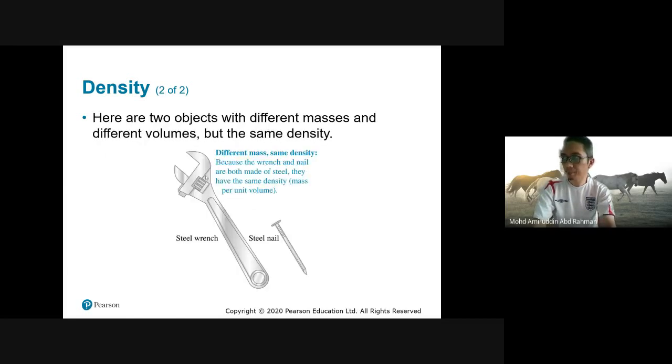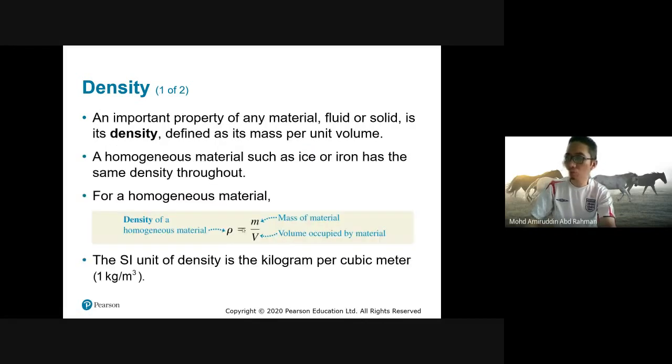For example, here we have a steel wrench and a steel nail. These are made of steel, and steel is a homogeneous material. What we want to know is that they have a similar density. Why do they have a similar density, even though the steel wrench is bigger than the steel nail? It's because of this equation, mass over volume.